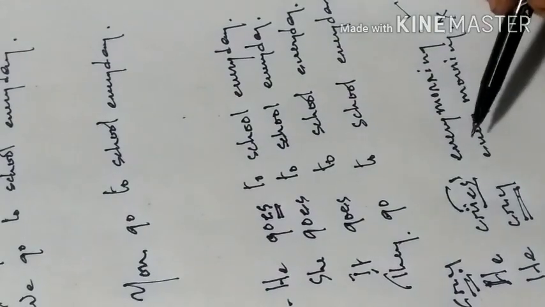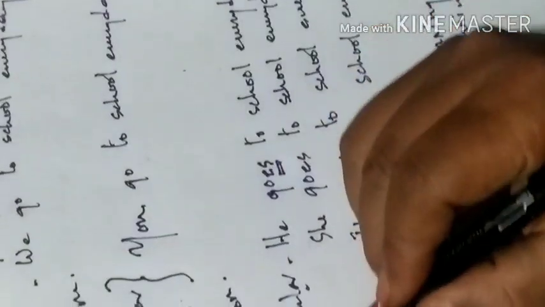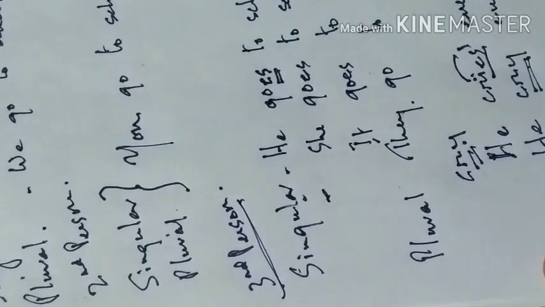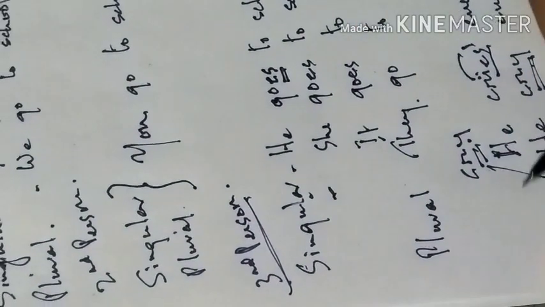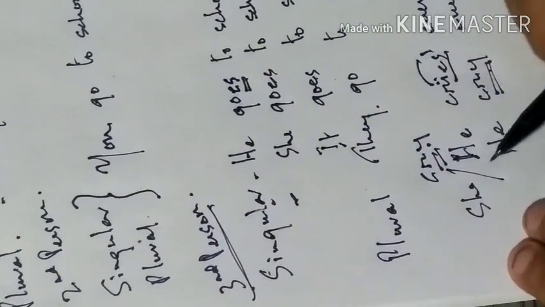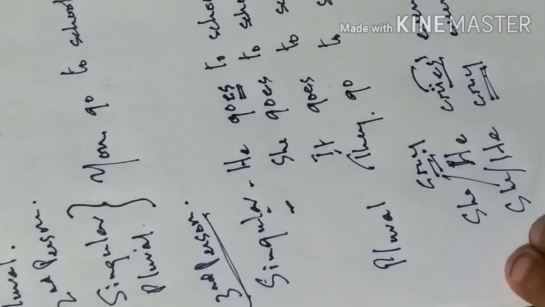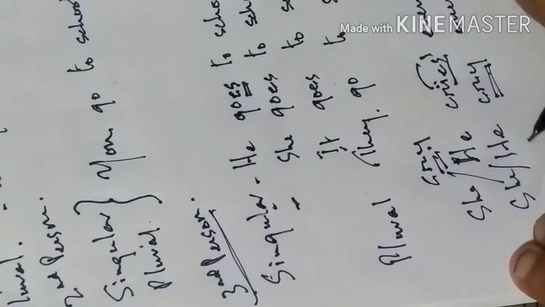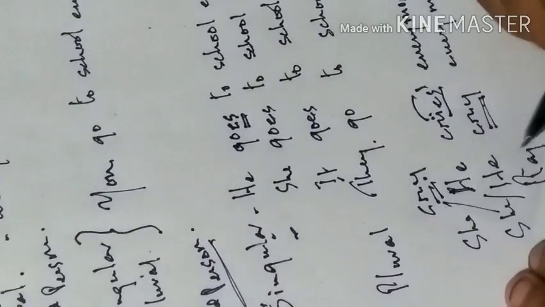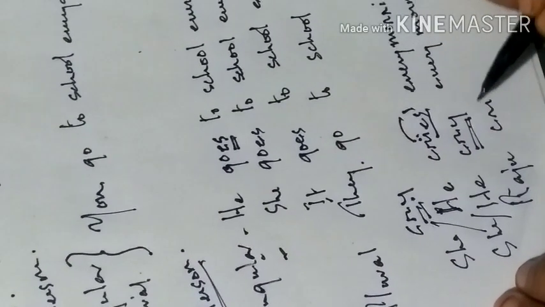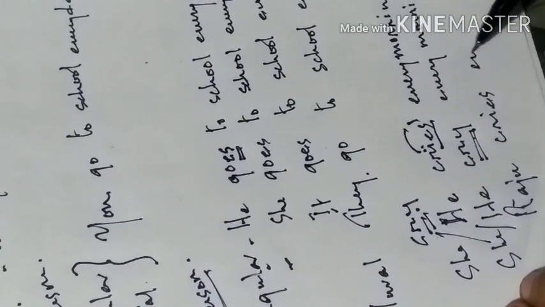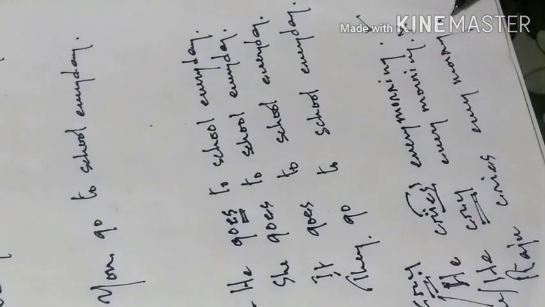This will happen only in the case of the third person singular. This can either be she, or when we use a proper noun like Raju cries every morning. Okay.